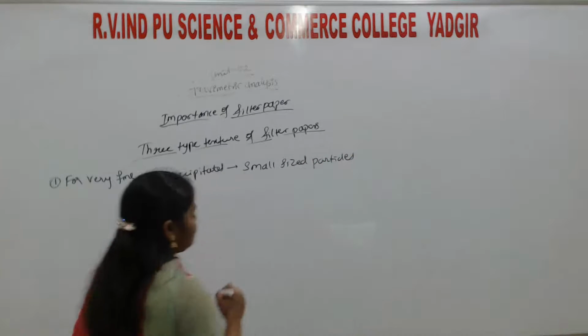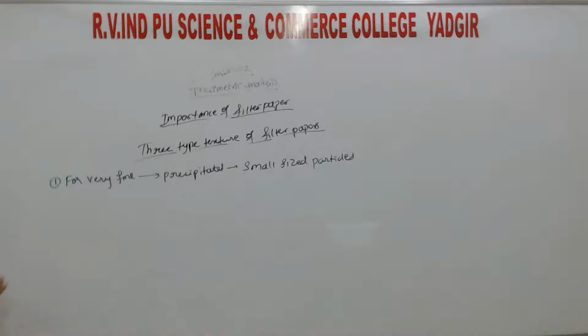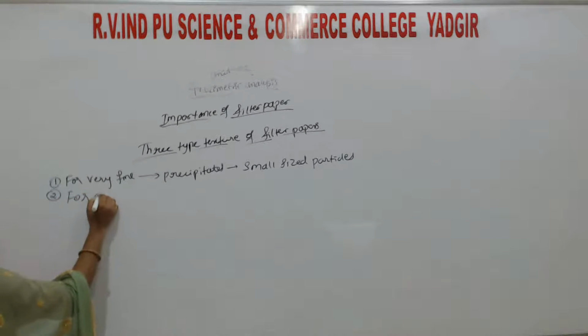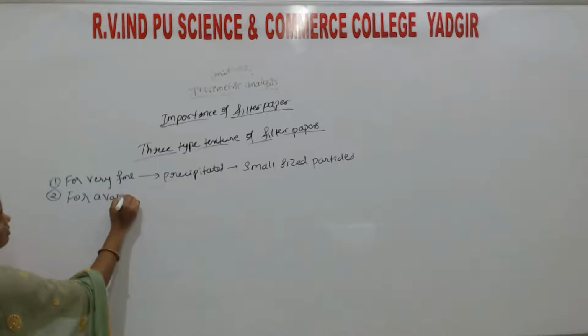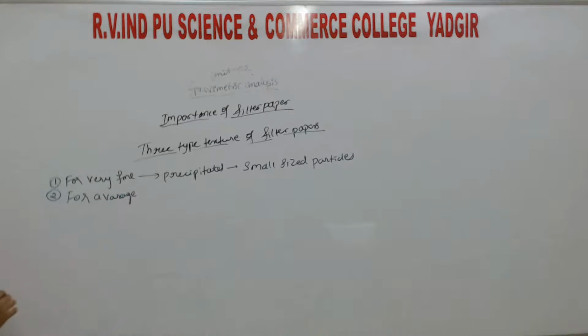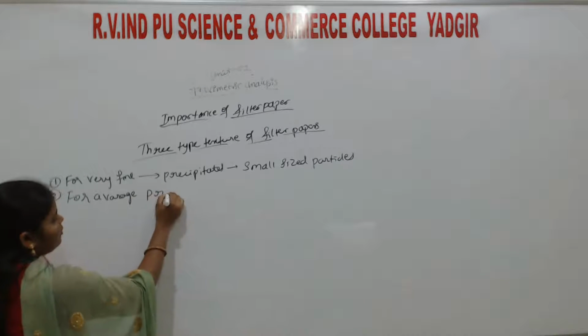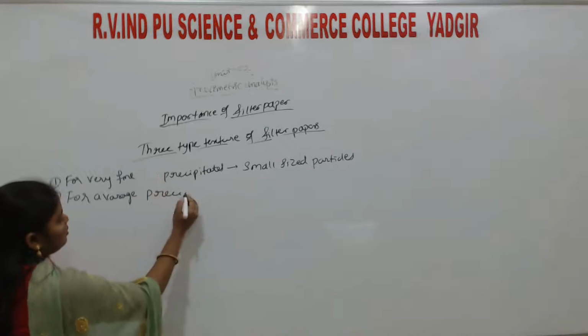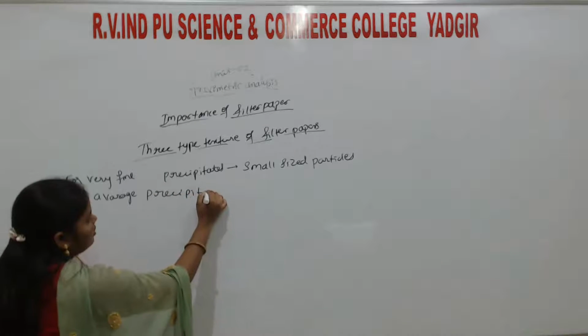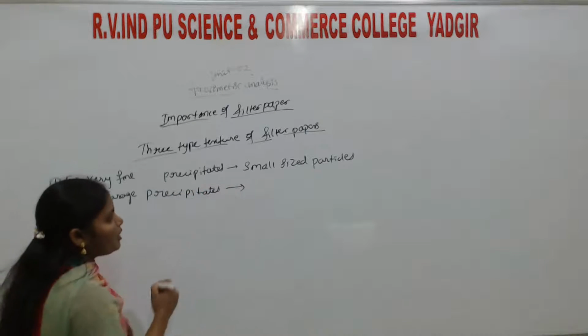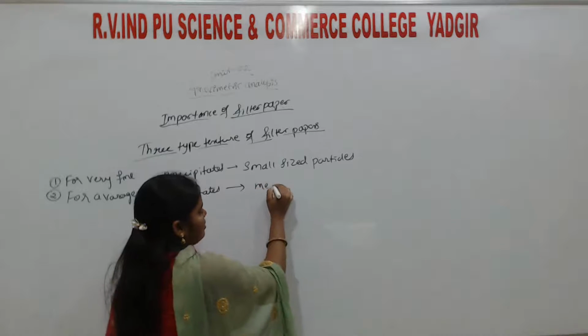The second one is for average precipitates, medium sized particles.